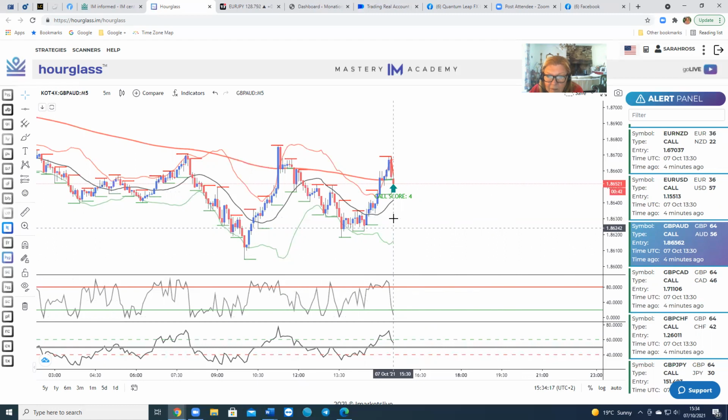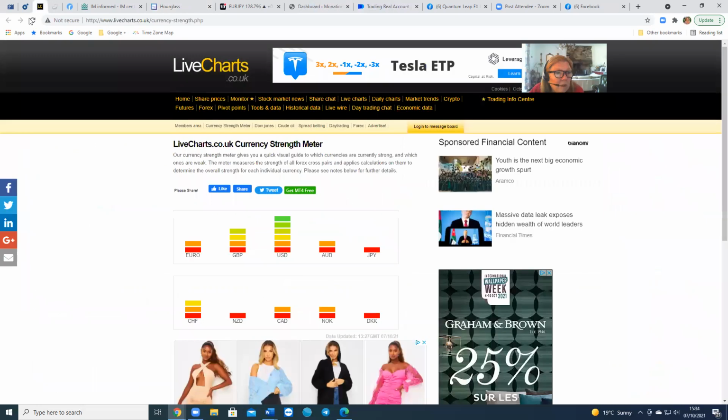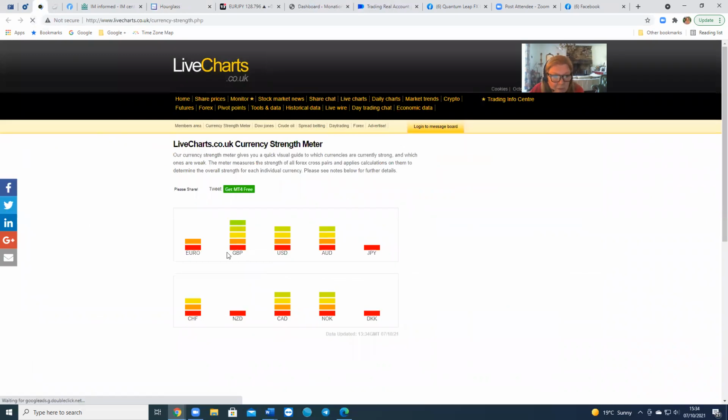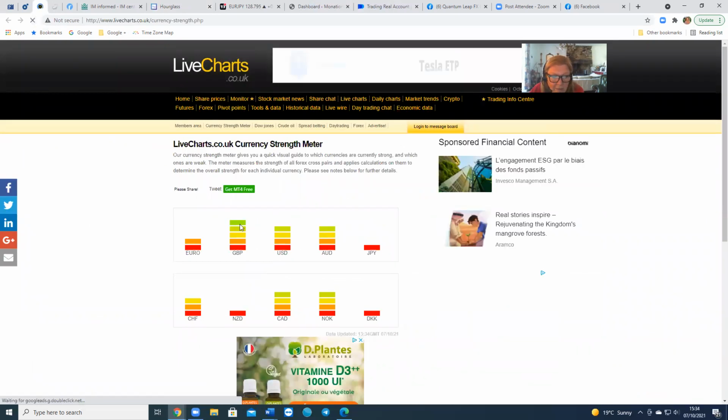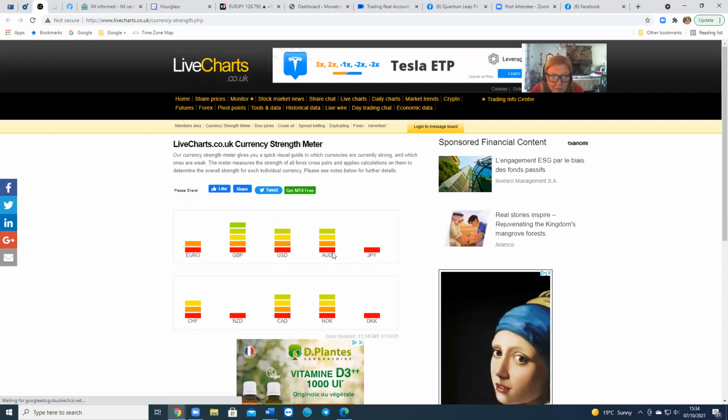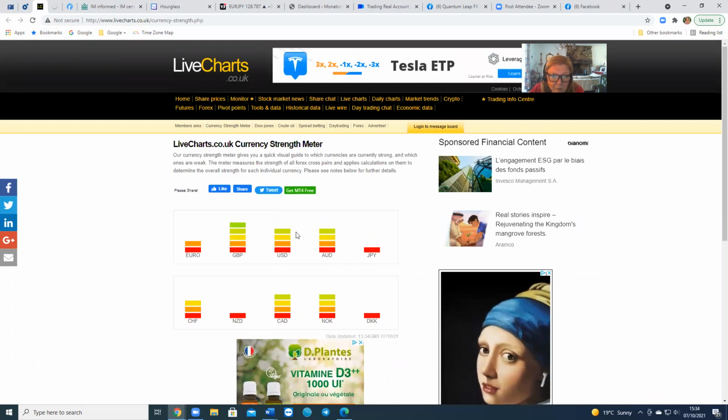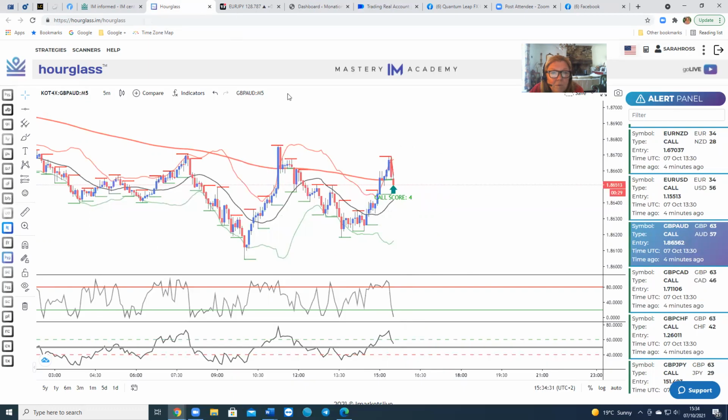Let's see if we get a turn here. See, that's just wicking back now. Let's just check on here. GA, well, it's only 5 bars to 4, so not a huge difference.